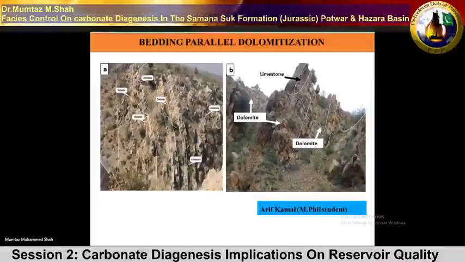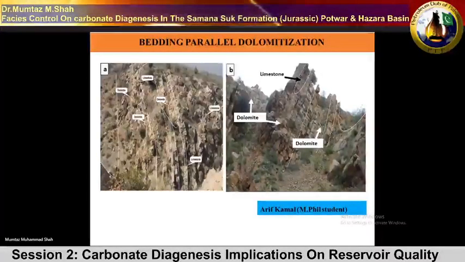Now it comes to the third outcrop, which is bedding parallel dolomites.